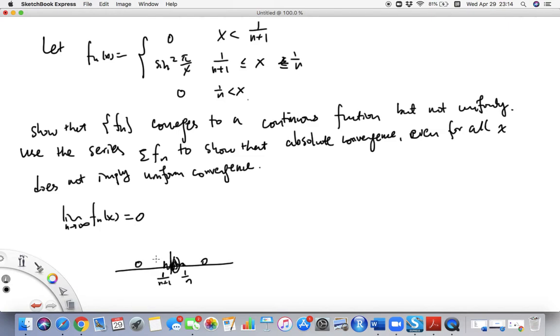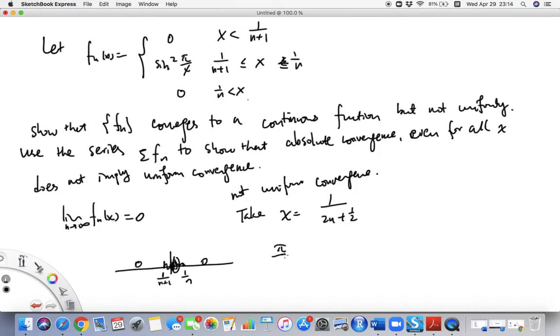All right, so the convergence is not uniform. Why? Because we can take x to be 1/(2n + 1/2).